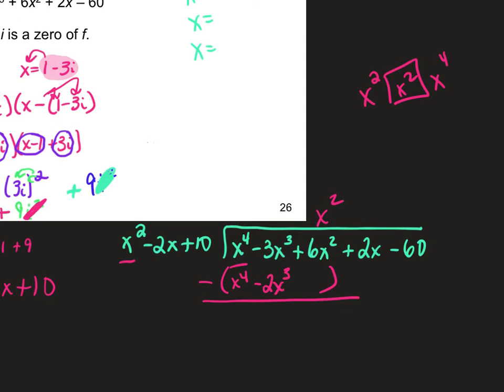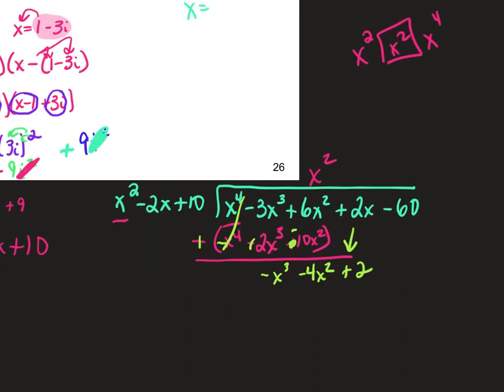X squared times 10 is plus 10x squared. Before we can subtract, we have to change all the signs. So change. So 6x squared minus 10x squared is negative 4x squared. Negative 3x cubed plus 2x cubed is negative x cubed. My x to the fourths cancel out. And then I bring down the 2x.